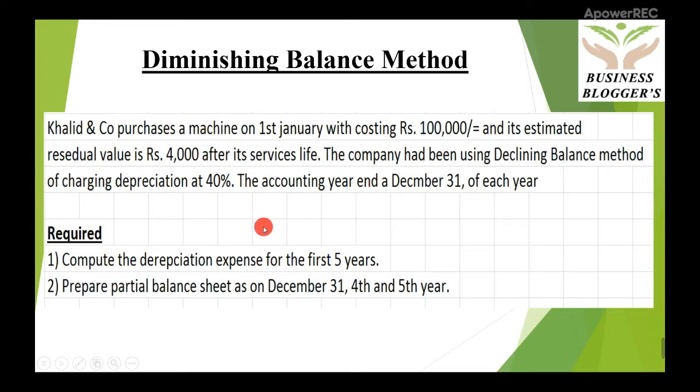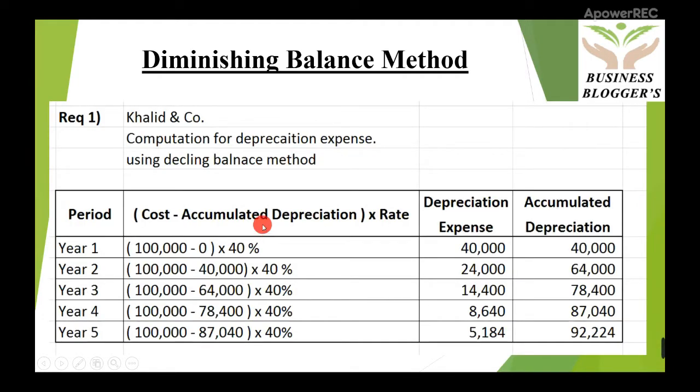Okay, let's solve the first requirement of this example, which is the computation of depreciation expense using the declining balance method, also known as the diminishing balance method and the reducing balance method. First of all, we make a format which contains 4 columns.